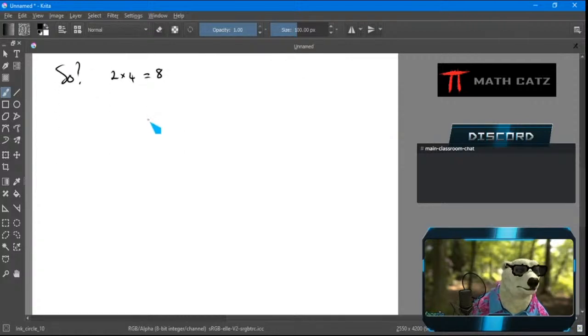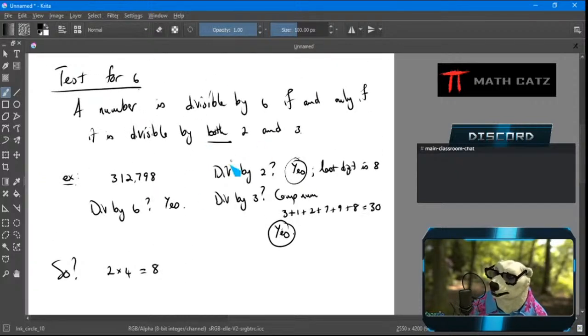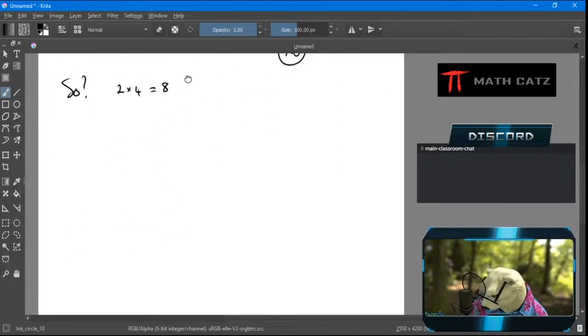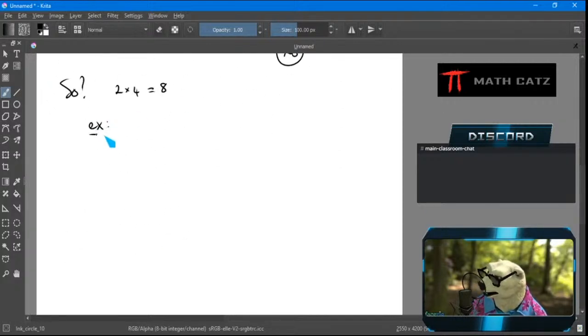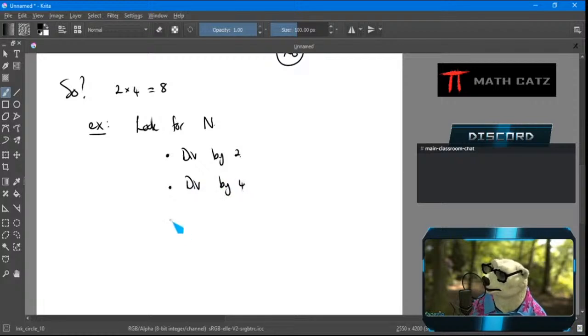I have to be very careful to not let one example of this kind of test take my inductive reasoning thinking and make me think there's more than there actually is. Can we come up with an example of a number, some number n, that is divisible by 2, divisible by 4, but not divisible by 8?